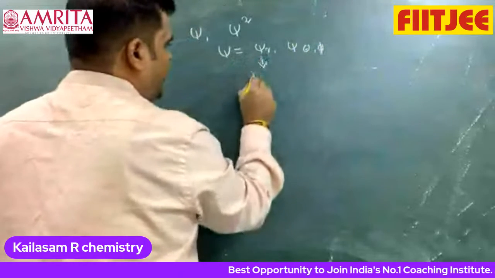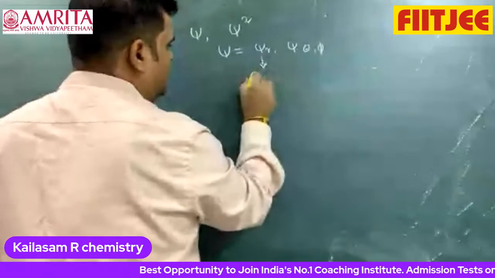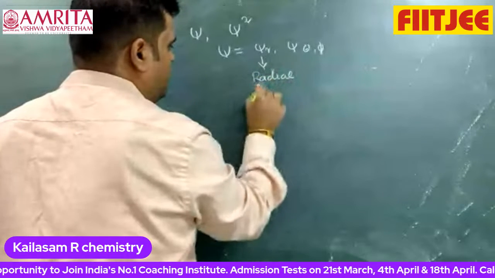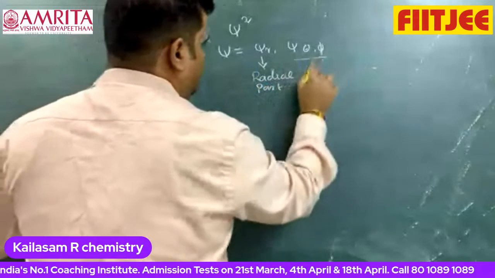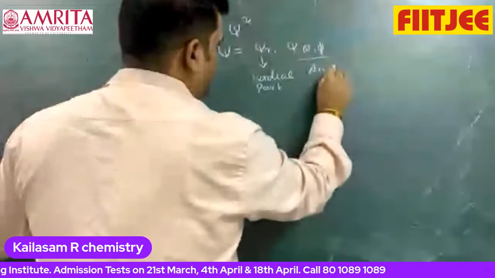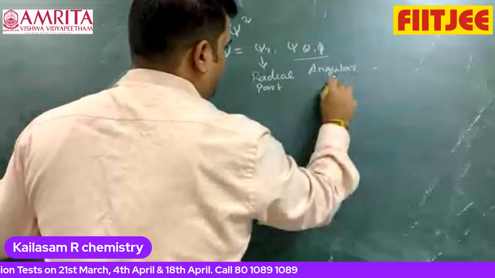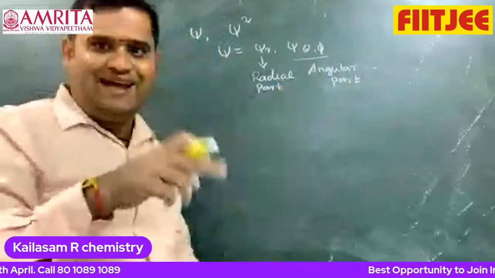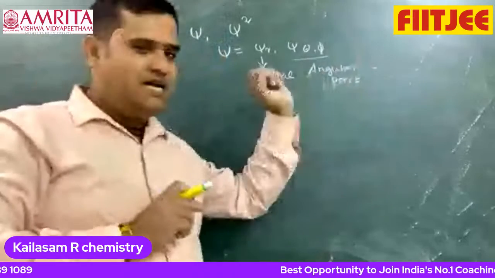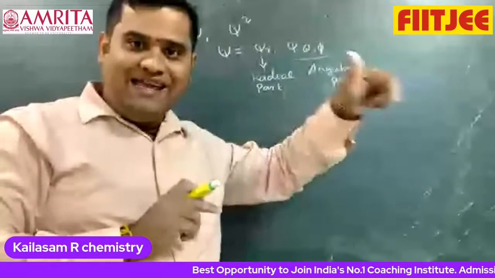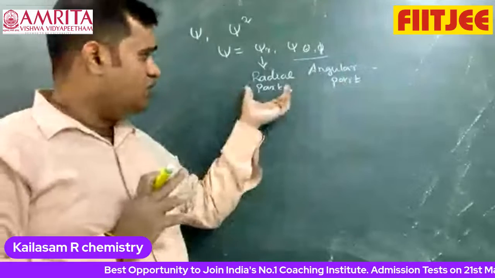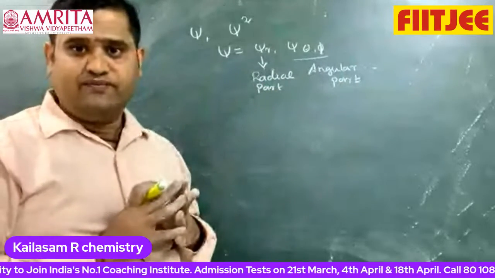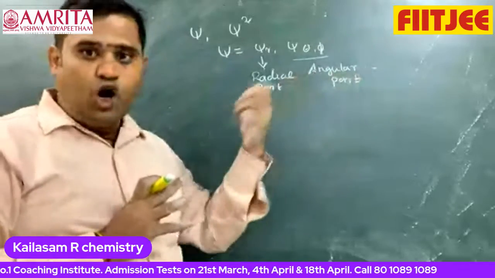This talks about the radial part, and this is called the angular part. The radial part depends on n and l. The angular part depends on m and l. The radial part talks about size, and the angular part talks about the orbital angle.